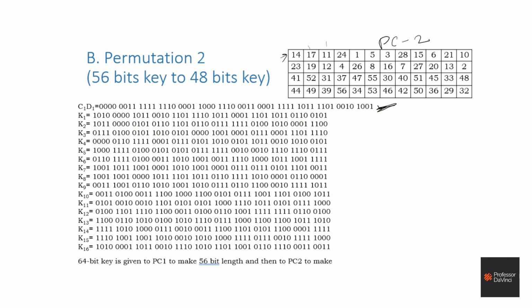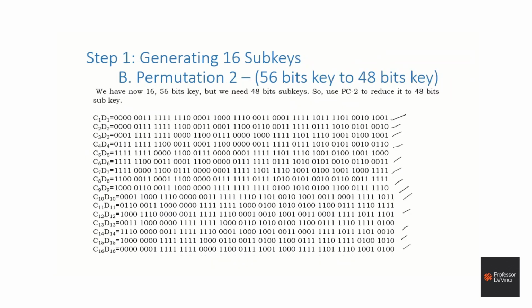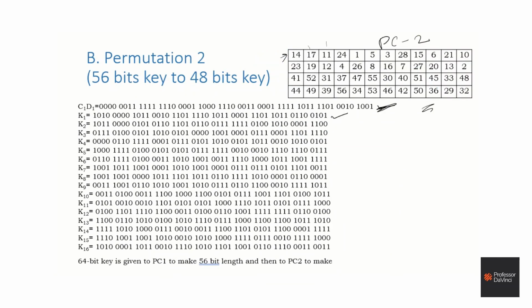You need to collect everything from left to right, so we will get K1 of 48 bit length. Similarly, you need to perform this permutation table chart for all those combinations of C and D 16 times. We will yield the 16 shuffled 48 bit keys.